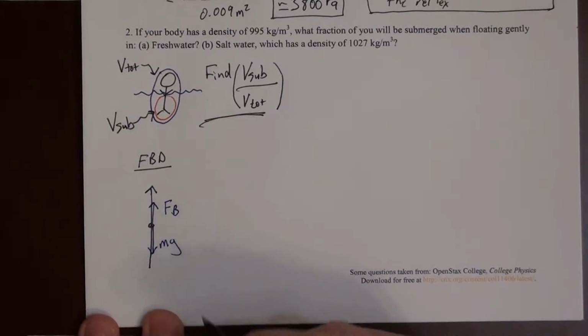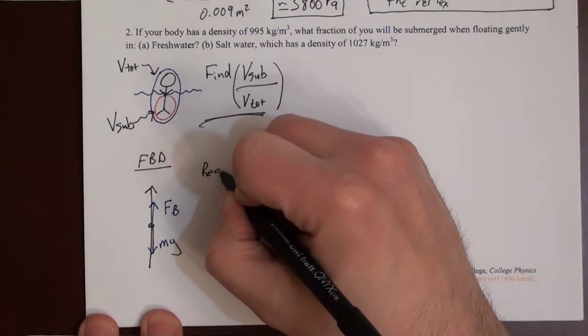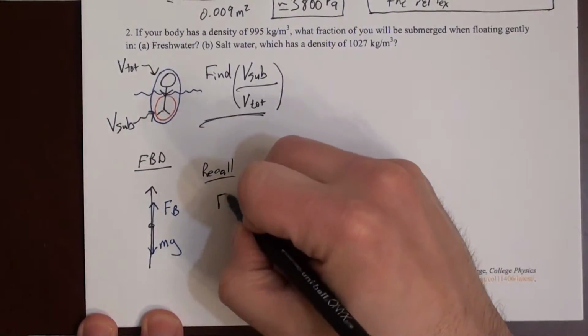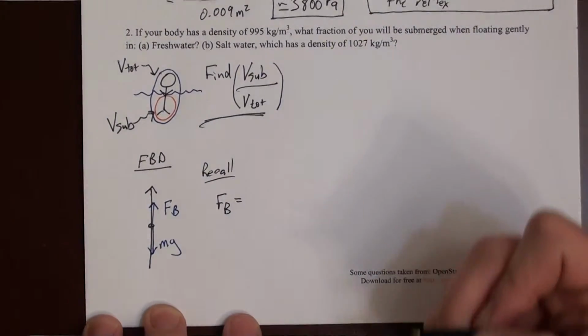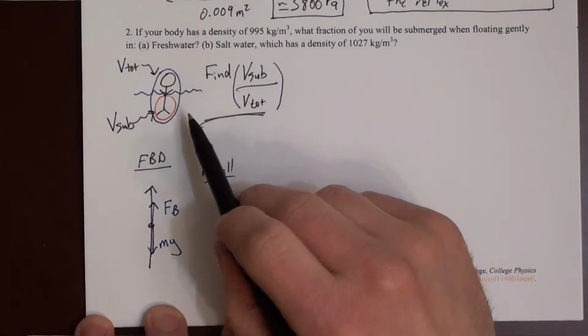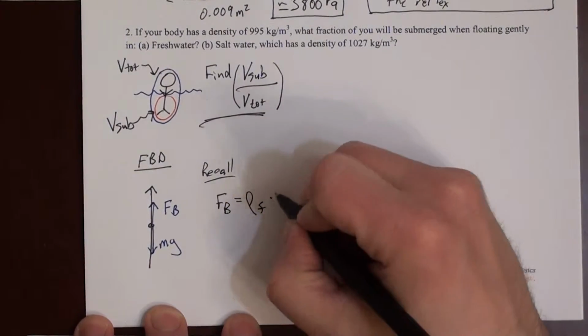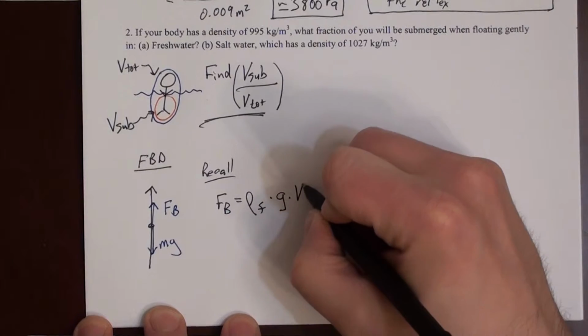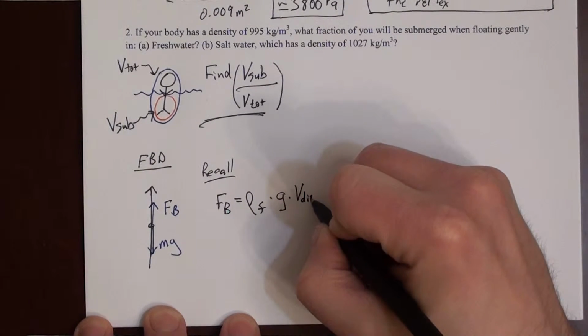So buoyant force here, we should recall that buoyant force is equal to the density of the fluid, so density of the water or the salt water, times g times V displaced.